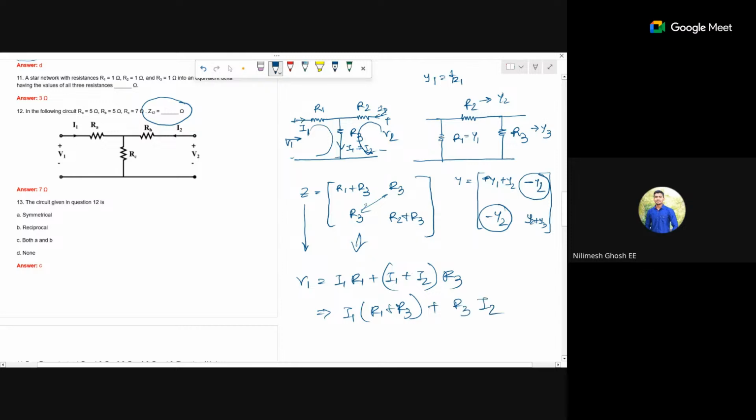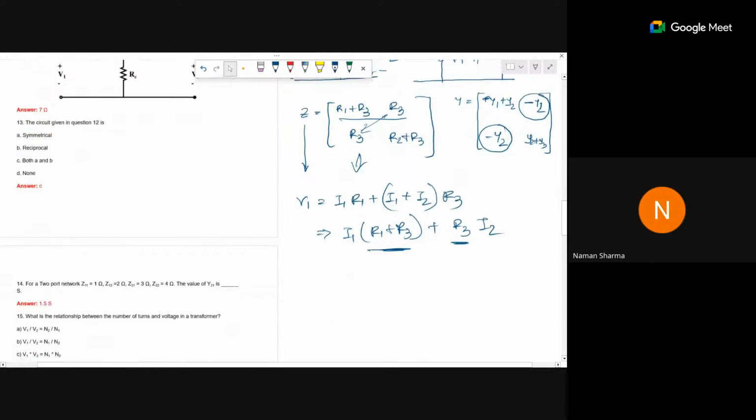See, this is Z11, this is Z12. Similarly, you can derive the rest. But if you remember this, in the exam you don't have to derive it and can directly move forward with the question. Remembering this is not a difficult job, and if you practice enough questions, it will automatically go into your brain.